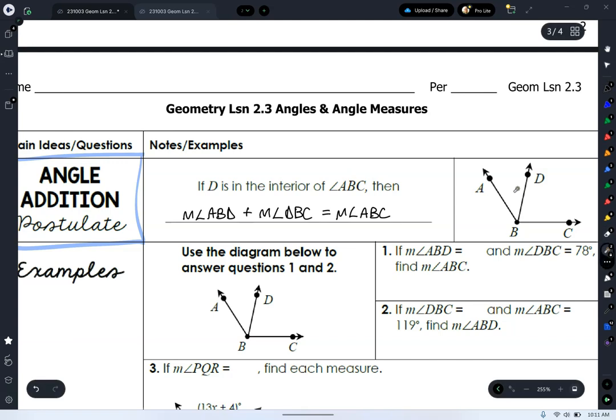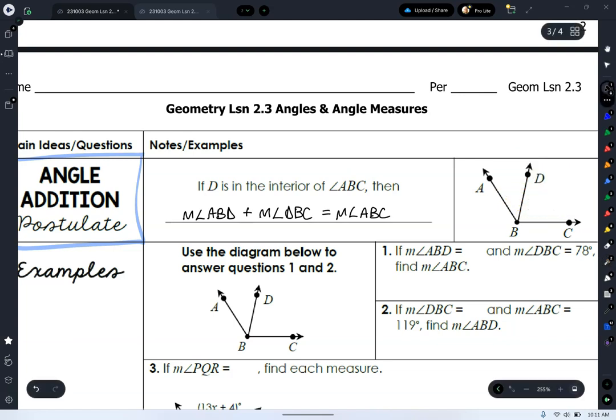If we take the measure of angle ABD, this space in here, and then we combine it with the measure of angle DBC, this space in here, what that's going to total up to is the measure of angle ABC, that space in there.